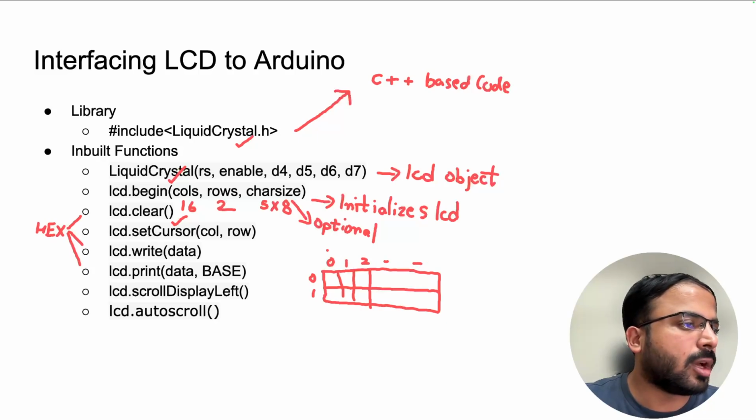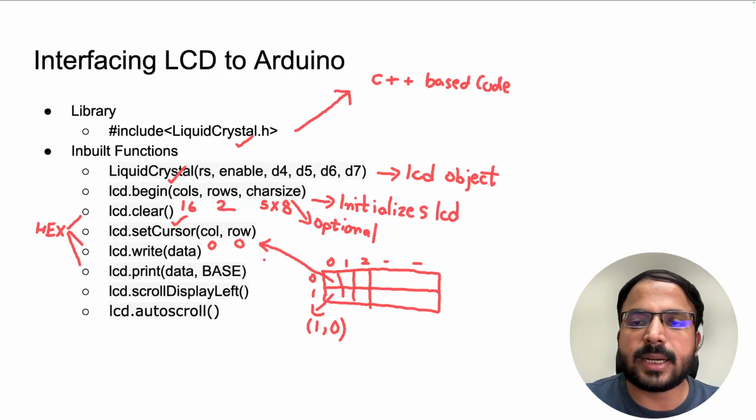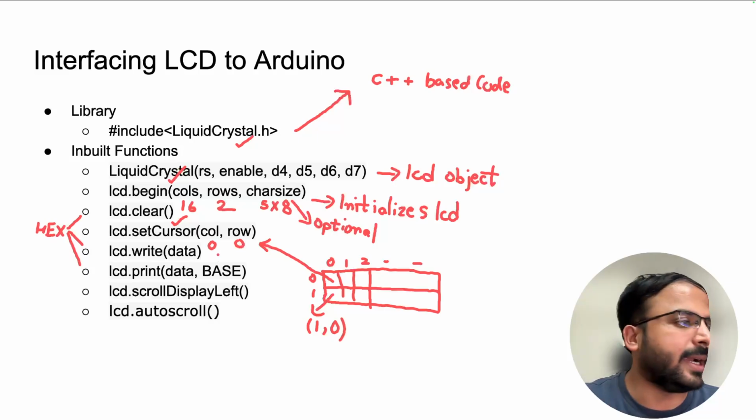Now if we have to set the cursor to a position, say this one, you can give 0th column, 0th row. But if it is this position, this is 1 and this is 0, so you will set 1 comma 0. Similarly, this is used to set the cursor at the particular position you want to start writing from.